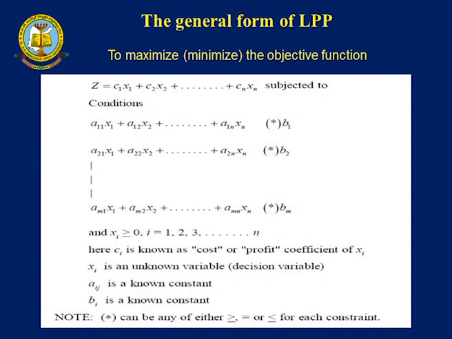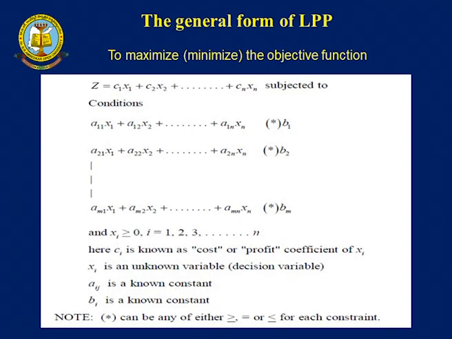If n unknown variables are there, here x1, x2, x3 up to xn are the unknown variables or decision variables, and c1, c2, c3 up to cn are the costs of these unknown variables. So, with the help of this I am preparing the objective function: either minimized or maximized z equal to c1x1 plus c2x2 plus up to cnxn. This is the objective function.